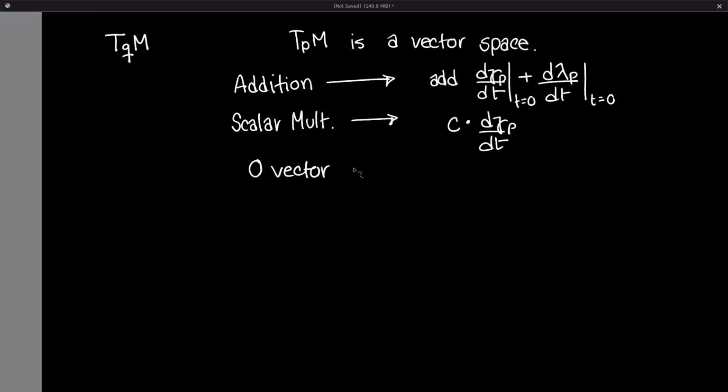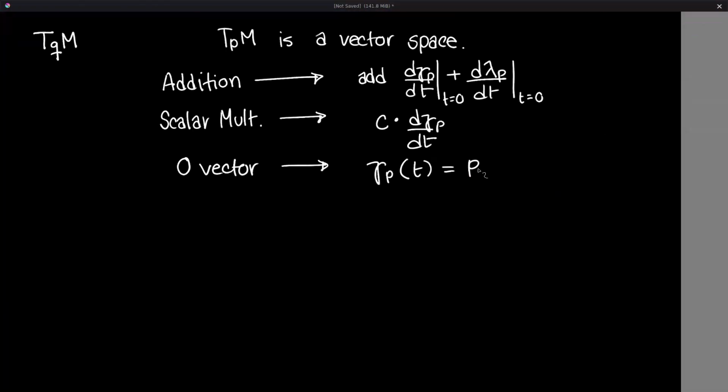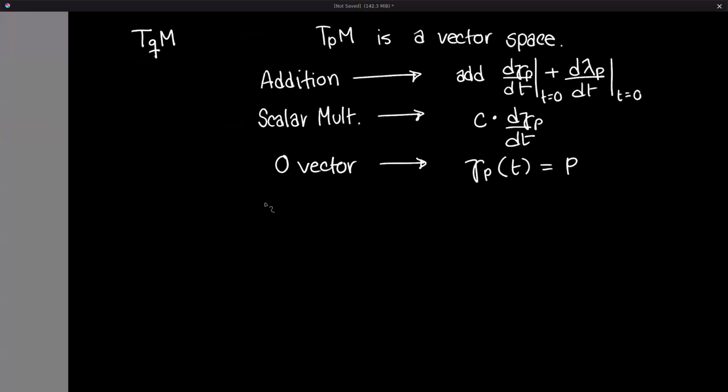Okay, so we have a zero vector. The zero vector corresponds to the curve where gamma p of t is equal to p, right? So we stay on p the entire time. If the point that we're scrubbing across this line never moves, then its velocity is 0. So that's our zero vector. And we have inverses.